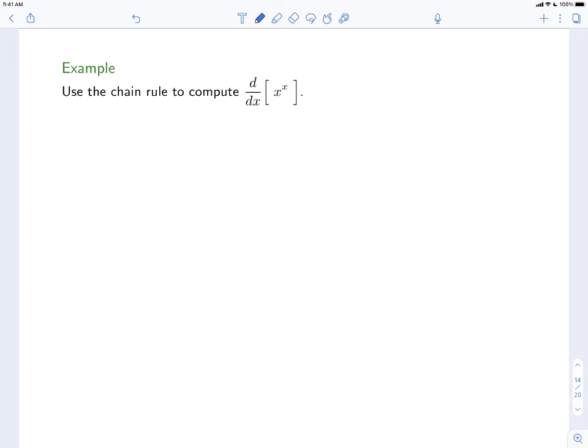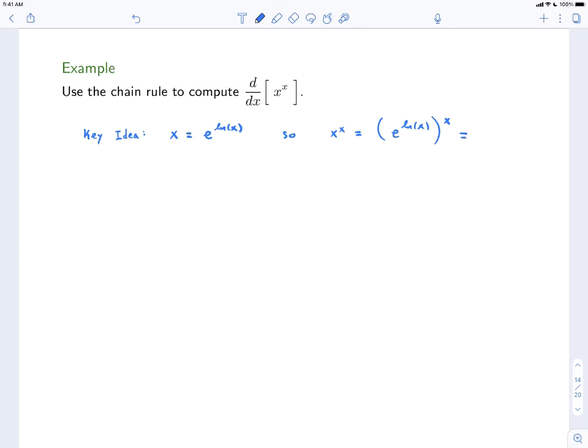Well, the key idea is to write it in a slightly different way. We write x as e to the natural logarithm of x. So x to the x is equal to e to the ln of x, raised to the x.